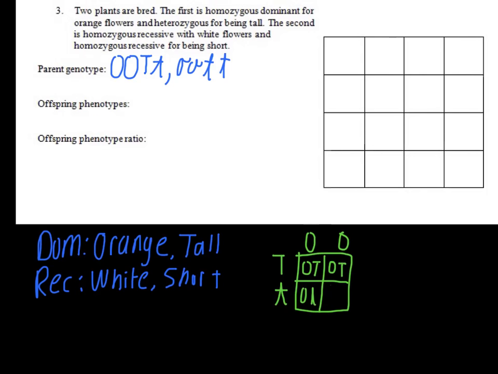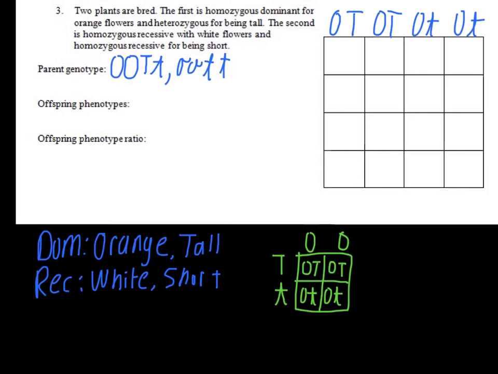So that's one way of doing this. These then become the 4 things that we are putting in the chart up here at the top. So we would write capital O, capital T, capital O, capital T, capital O, lowercase t, capital O, lowercase t.